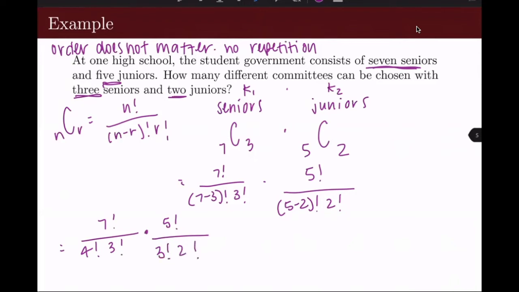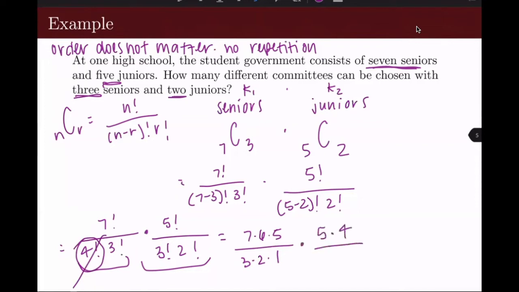We can further simplify each of these individually before we start to multiply them together. So 7 times 6 times 5 divided by 3 times 2 times 1, if we want to cancel out this 4 factorial. And then we'll multiply that by 5 times 4 divided by 2 times 1 by knocking out this 3 factorial. You should get 175.